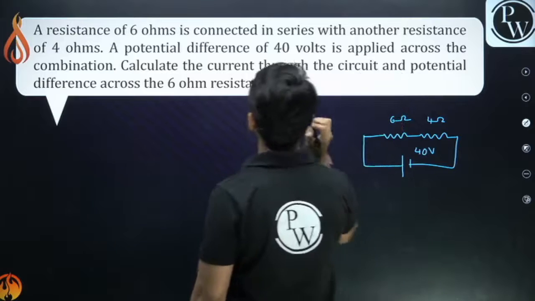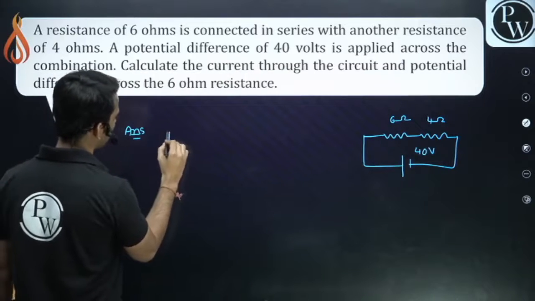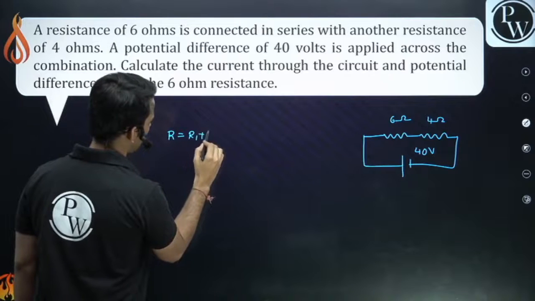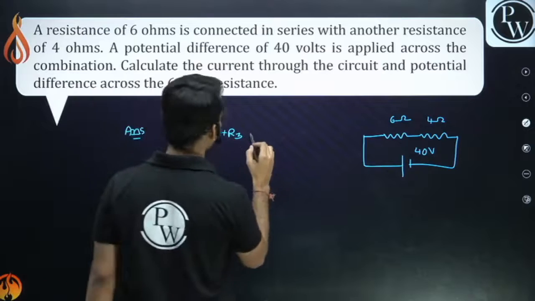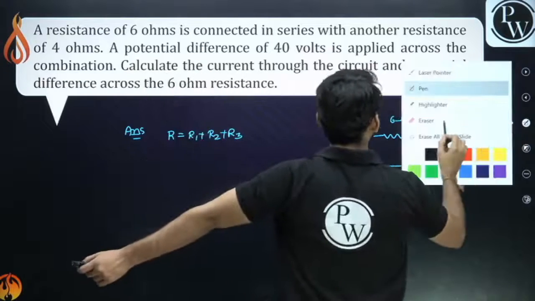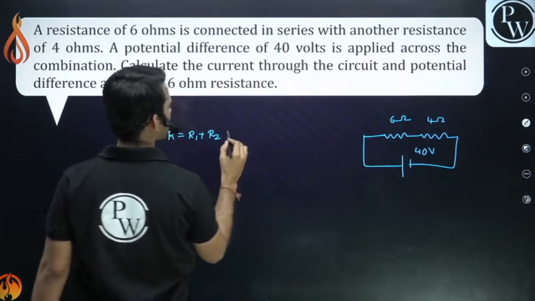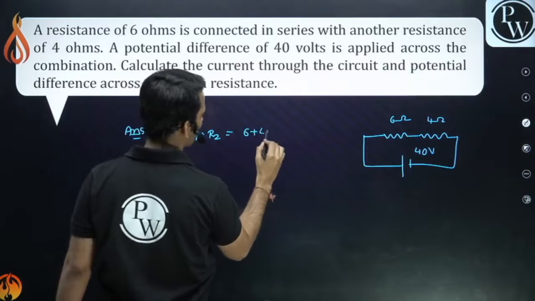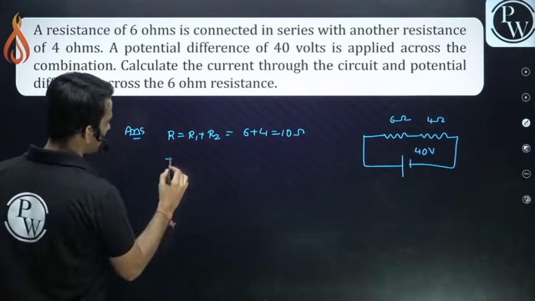Right, guys? You have to find the current. So guys, first we have to calculate the total resistance, which is R1 plus R2 plus R3. Are you getting it? We don't have R3, my bad. Okay. So what is R1 plus R2? 6 plus 4, it is 10 ohm.